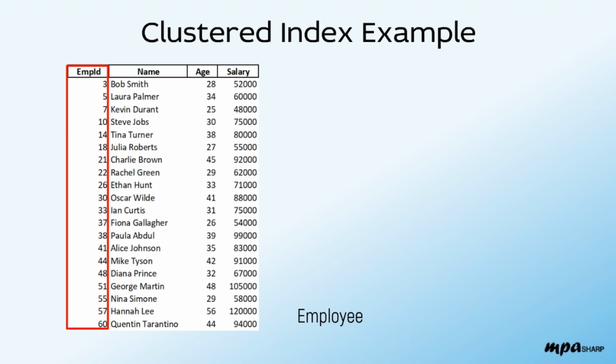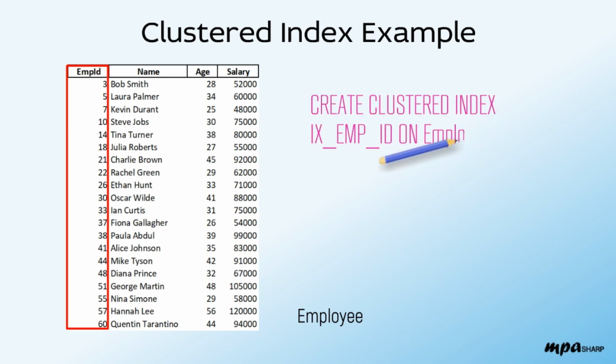When you define a primary key on the table, SQL Server automatically creates a clustered index on the table. Or you can create a clustered index using a statement like this one. So what's in the statement? First, we are going to create a new index.